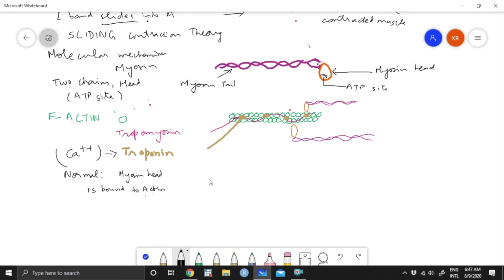Myosin head is bound to actin in the way that I have just shown over here. Myosin head is at 90 degrees to actin, as I have shown over here or in the earlier place. This angle is 90 degrees. So it is bound to.